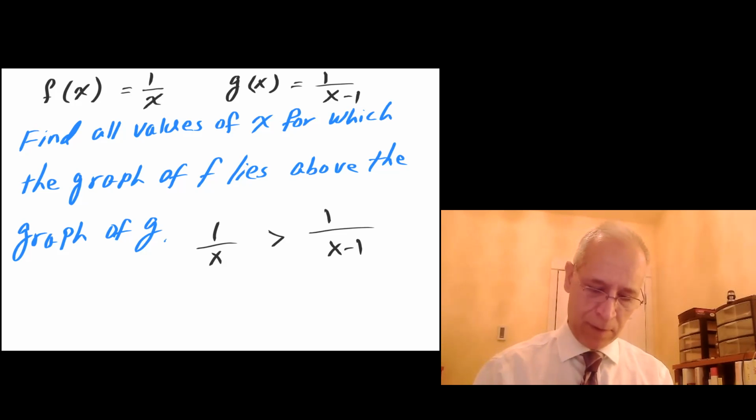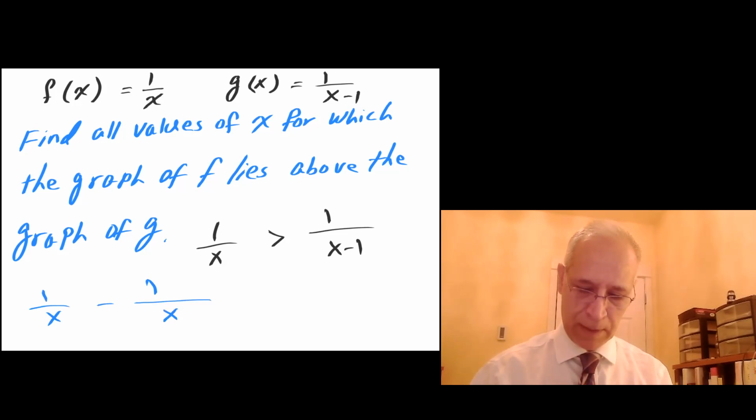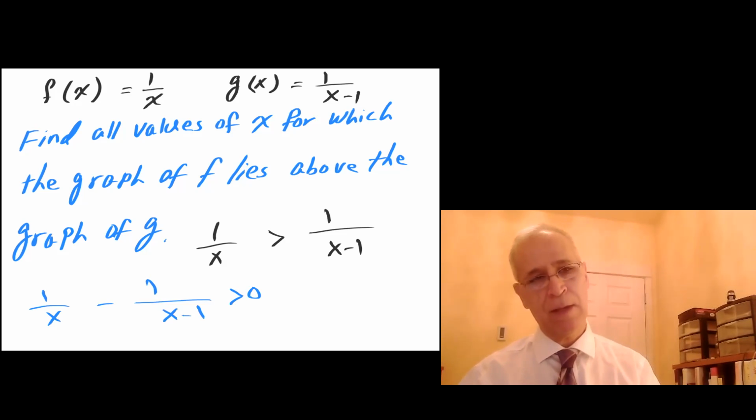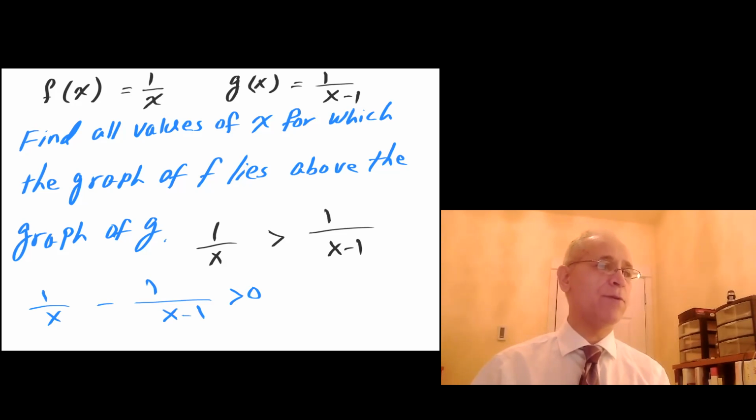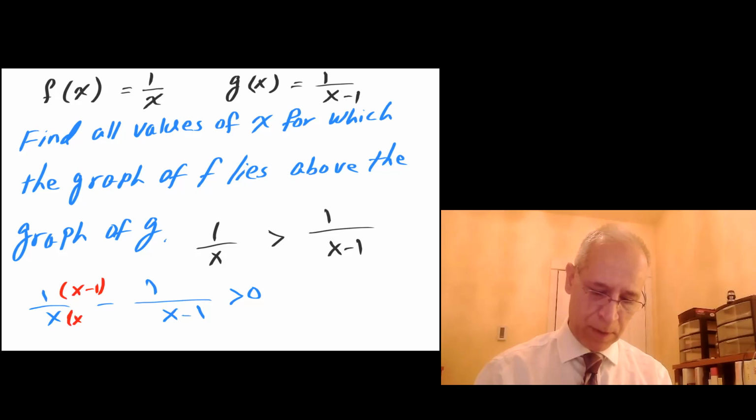So I'm going to have 1 over x minus 1 over x minus 1 greater than 0. And now, in order for me to combine these, I have to have an LCD. So I'm going to multiply top and bottom of 1 over x by x minus 1, and multiply top and bottom of g by x.